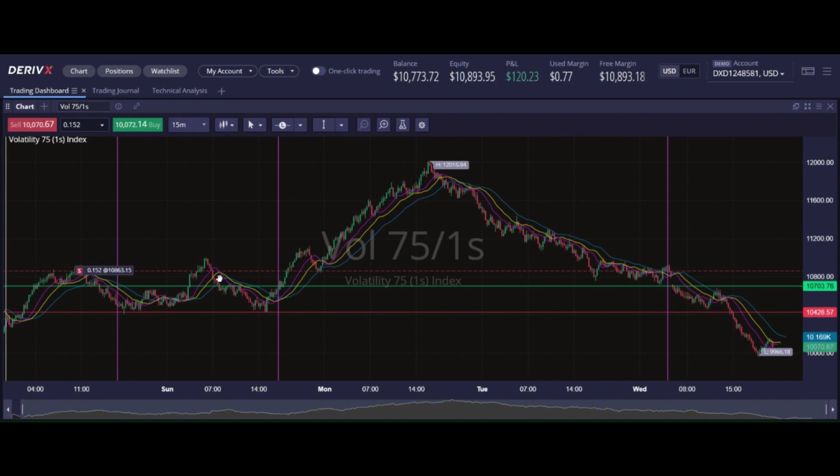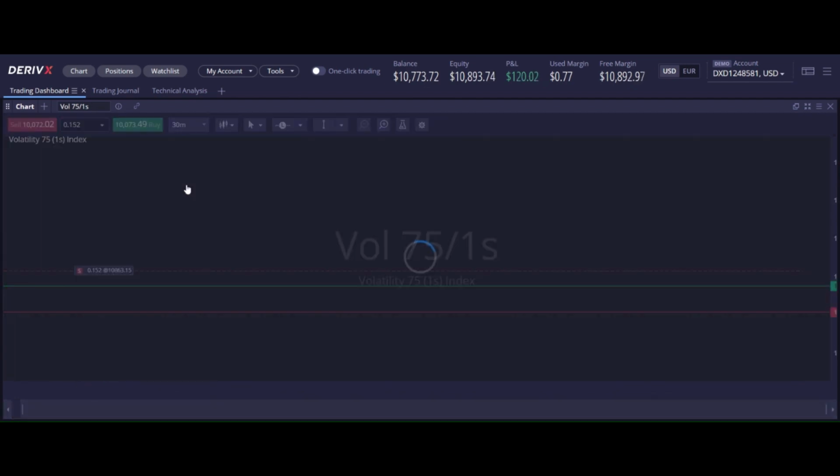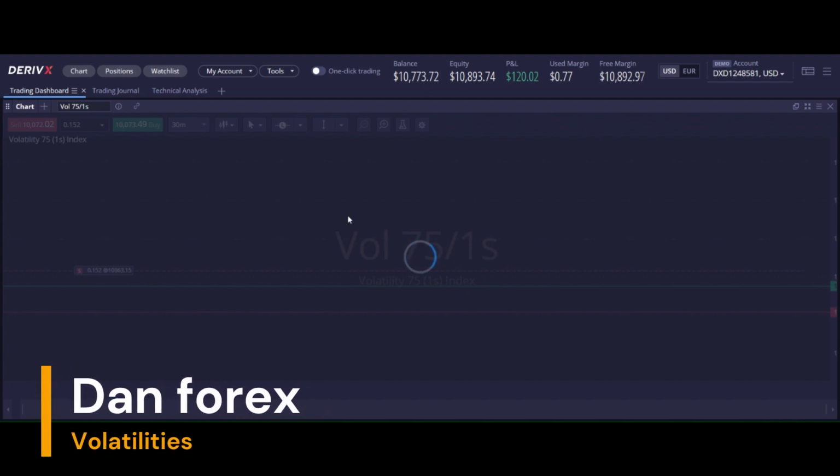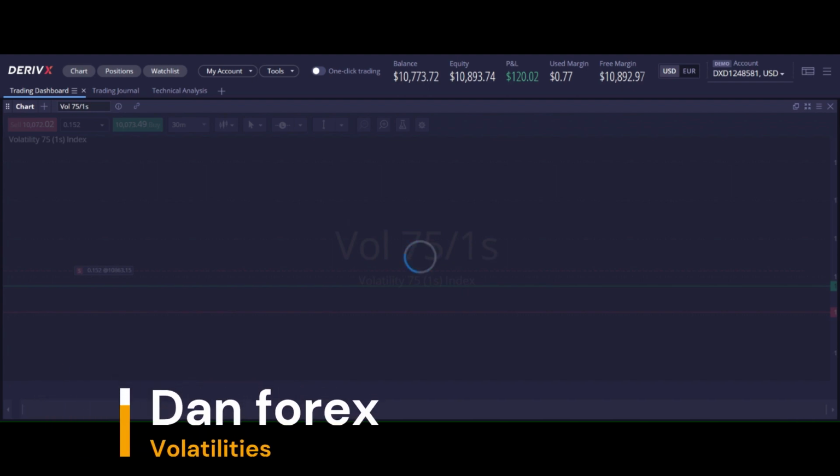Before that, it was just making a straight line oscillation, that is minimal ups and downs for that case.